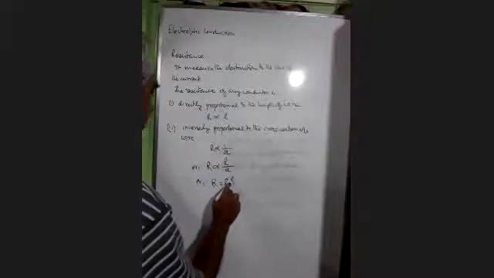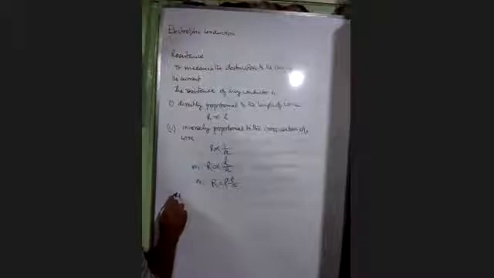So R is equal to rho L by A. See, if L is equal to 1 centimeter and A, the cross section, is equal to 1 centimeter square, then R is equal to what? Rho.